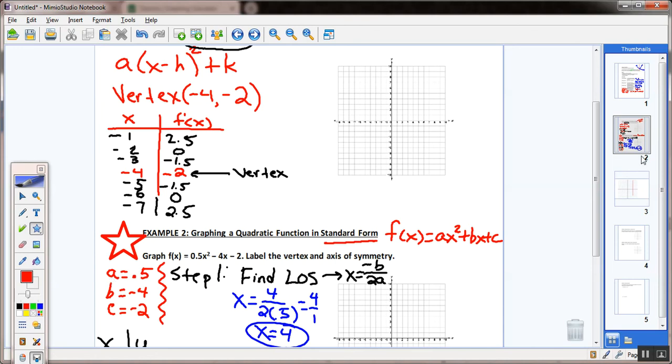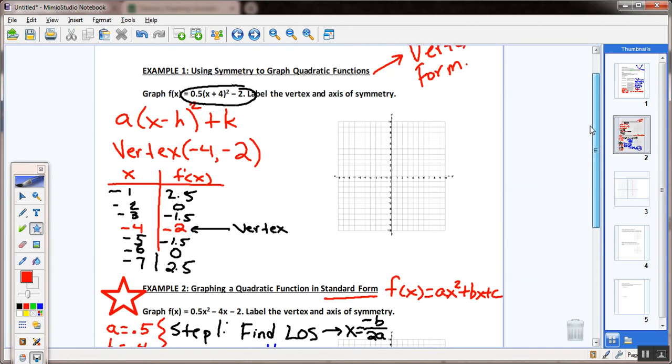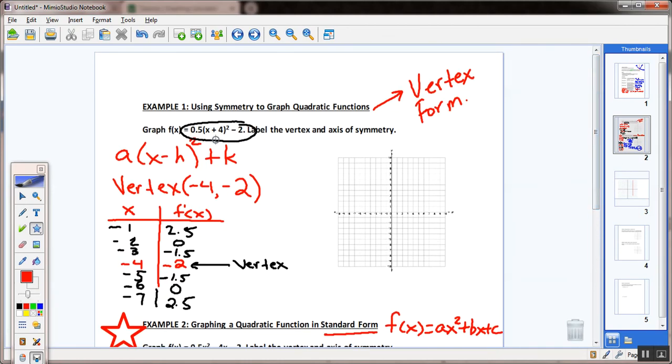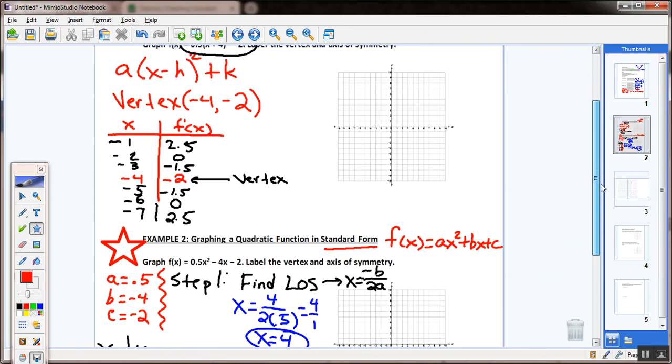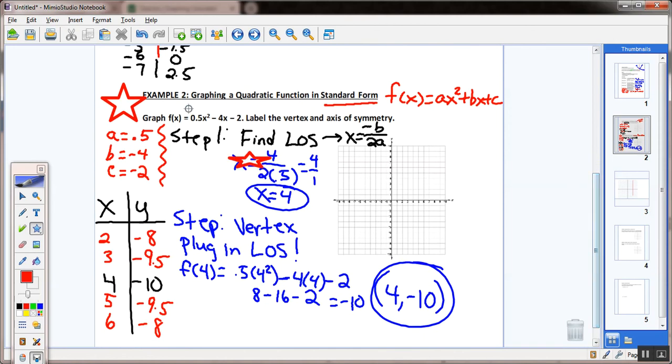What was the form in the top example up there, kids? Vertex form. We were easily able to find a vertex, put it in here, and then just map some points left and right of the vertex to get a parabola. But here, if you're in standard form, what's the first thing you need to find? Line of symmetry. Find your line of symmetry. That's an x value. Once you found the line of symmetry, what are you going to do with that value?